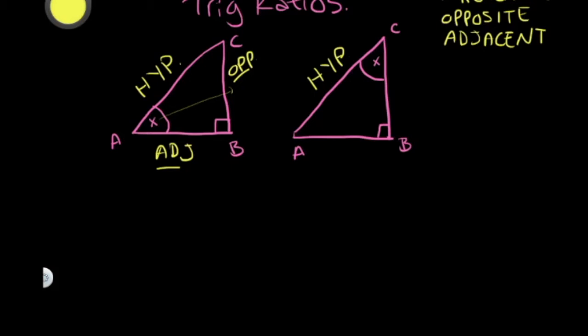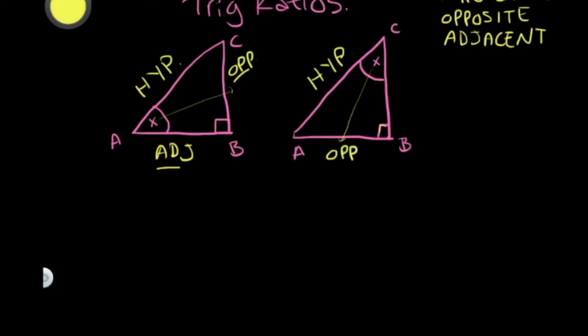Now on this triangle, again, the hypotenuse is always going to be the same because it's the side that is across from the 90-degree angle. But we're looking at a different angle here. We're looking at angle C instead. So we have to label this one differently. The side that is right across from this angle is our opposite.